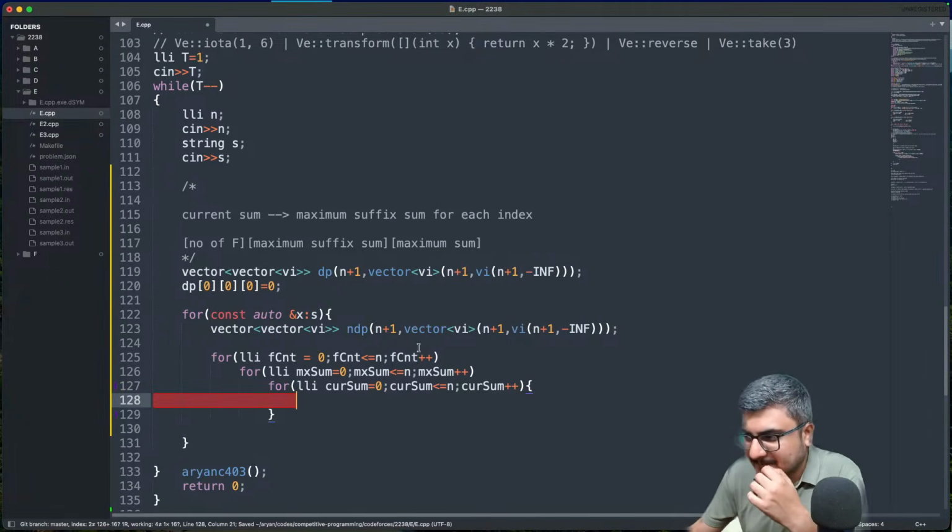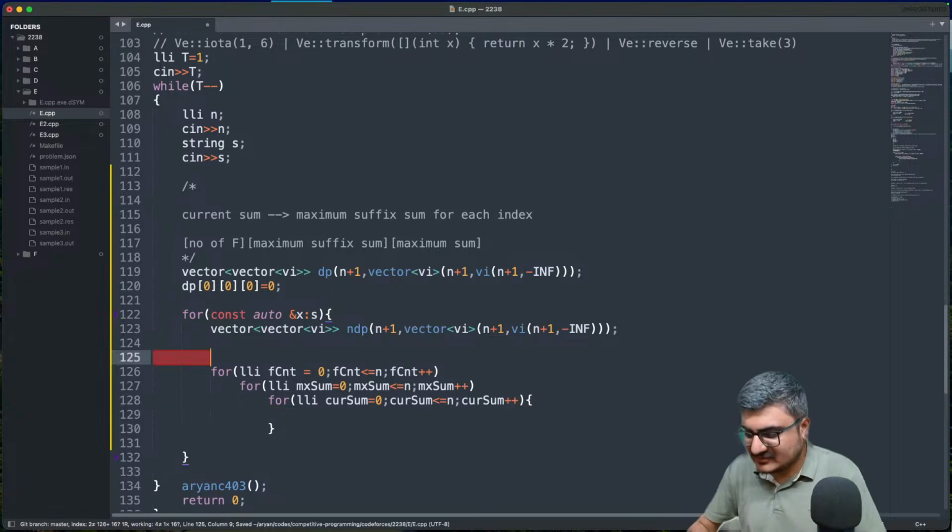Let's first solve when x is equal to 2 or x is equal to n.